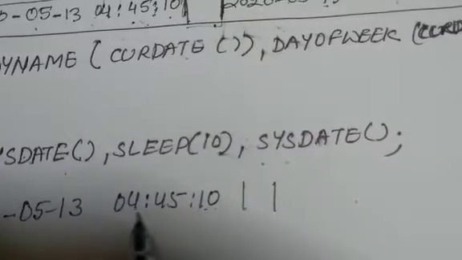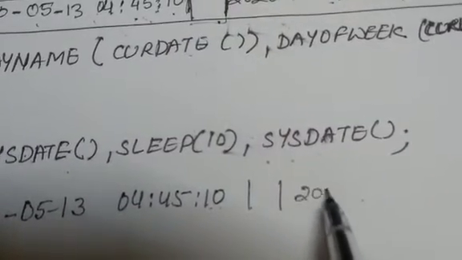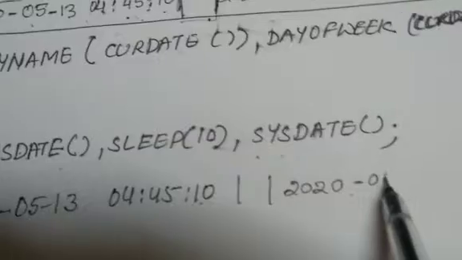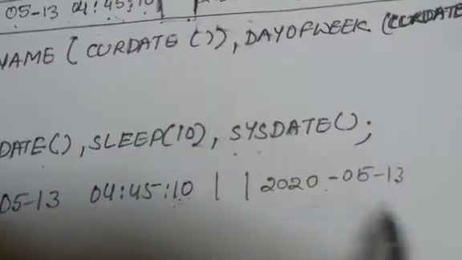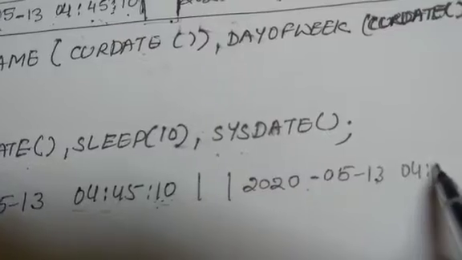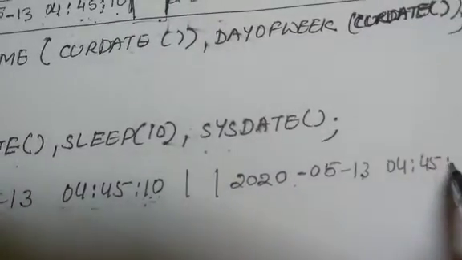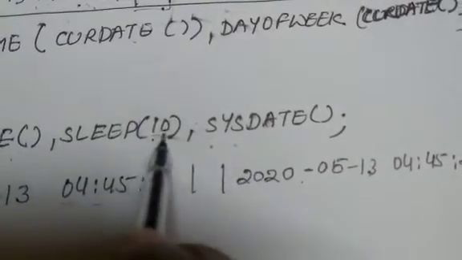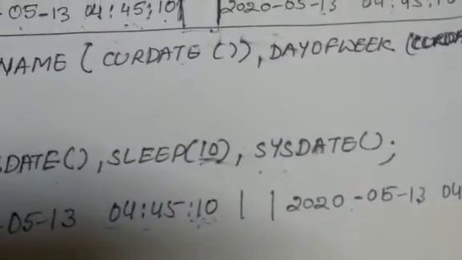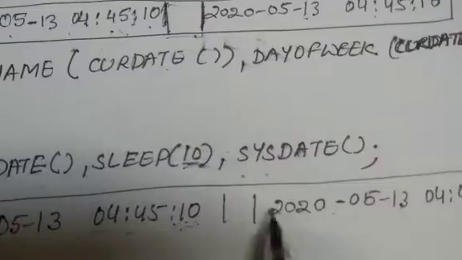After 10 seconds, date will remain same, but after 10 seconds the time will change. Hours will remain same, minutes will remain same, but these 10 seconds will now change to 20 seconds because the system was sleeping for 10 seconds. So this is the difference between now and sysdate.